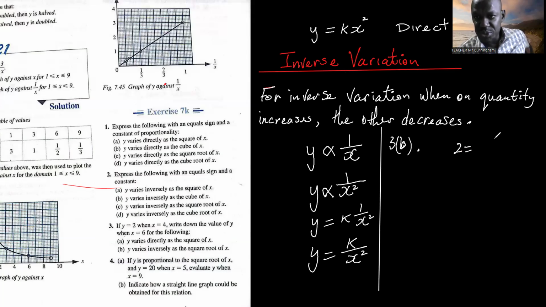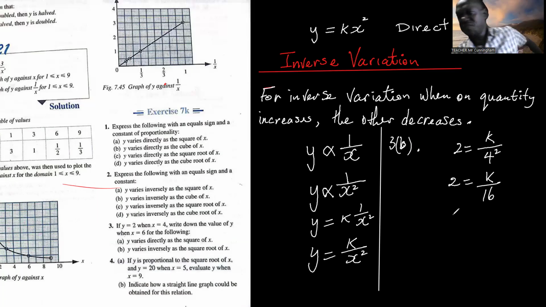So when y is 2, x is 4, so k over 4 squared. So 2 is equal to k over 16. How do we find k? Can somebody tell me? Somebody tell me what to do. So we divide through by 16.